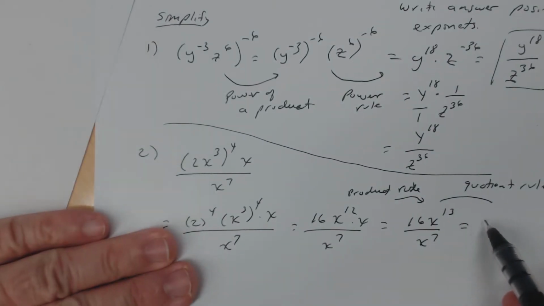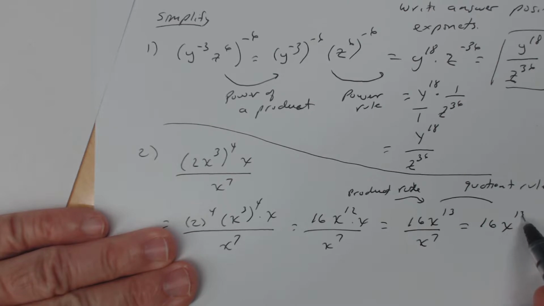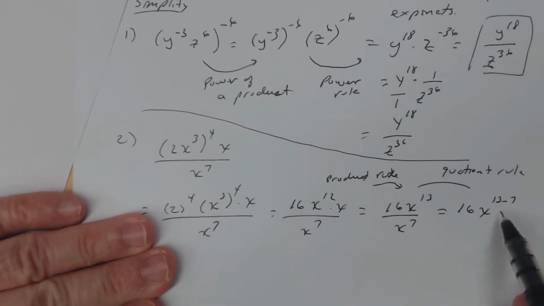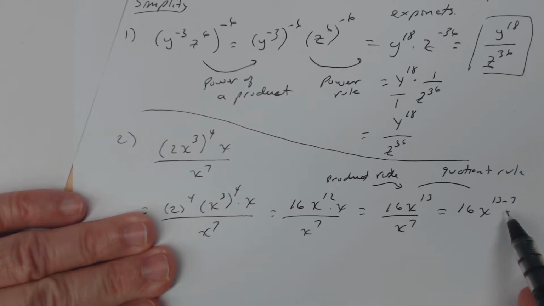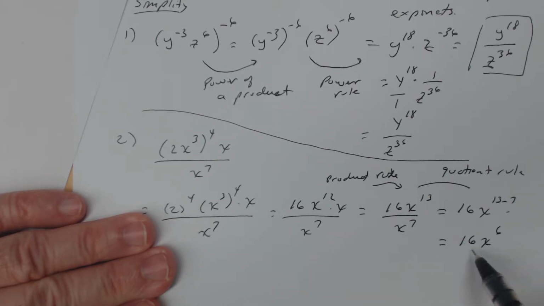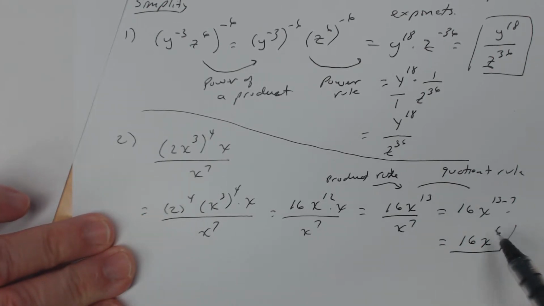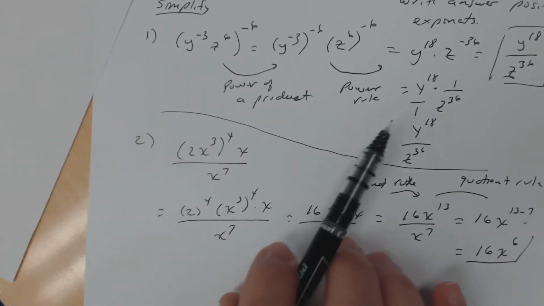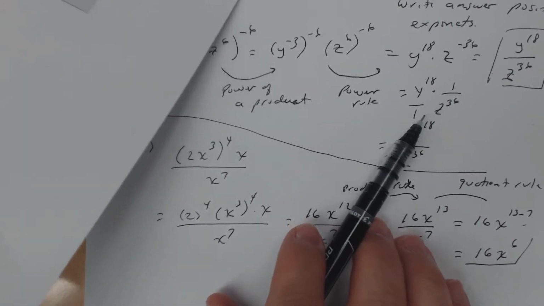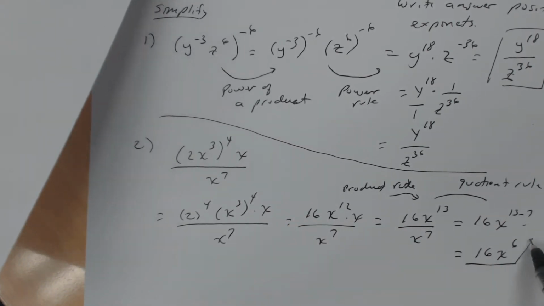And so here I'm going to get 16 times x to the 13 minus 7. And 13 minus 7 is 6. So you get 16x to the 6th power. Now notice the exponent is positive, so I don't have to use the negative exponent property like in the previous problem. Here I don't, so I'm done.